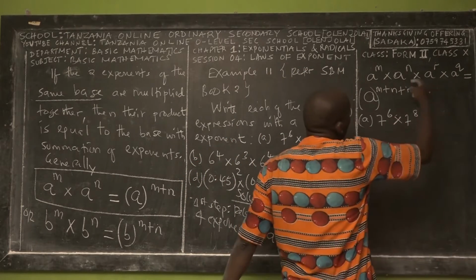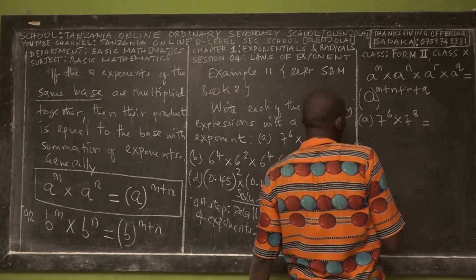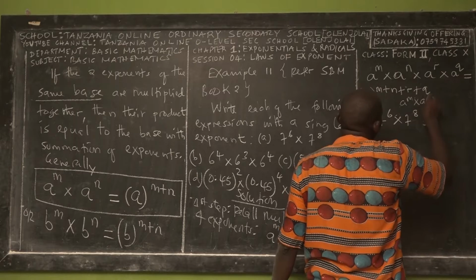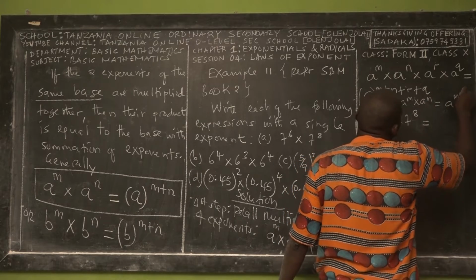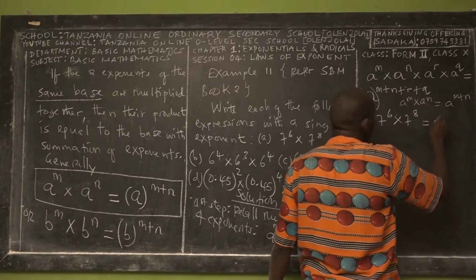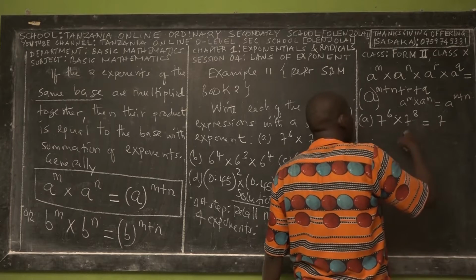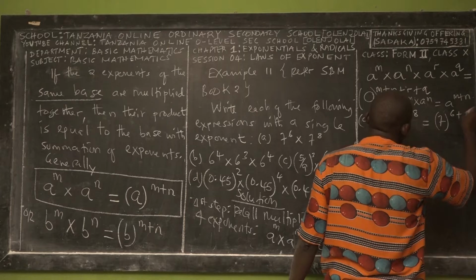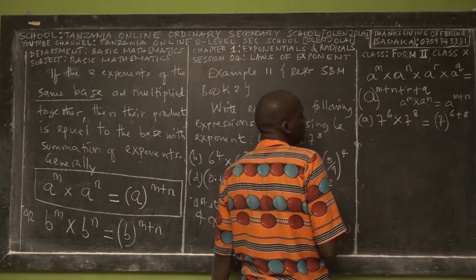So with this one, what law are we going to apply? It is a power m times a power n is equal to a power m plus n, right? Yes. So in this one, 7 power 6 times 7 power 8 is equal to 7 power 6 plus 8, right? 6 plus 8 is equal to what?